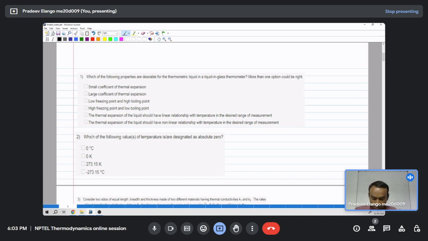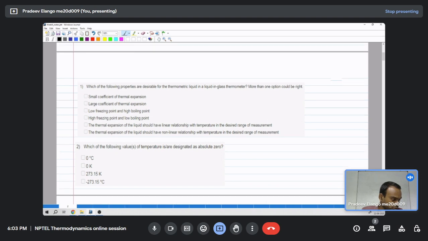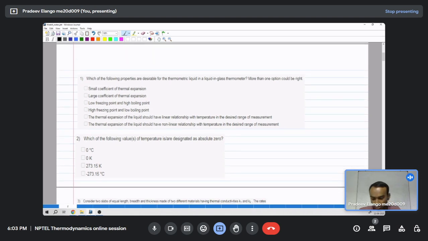The first option is small coefficient of thermal expansion, the second is large coefficient of thermal expansion. A liquid in glass thermometer is like a mercury or alcohol thermometer that we generally use.